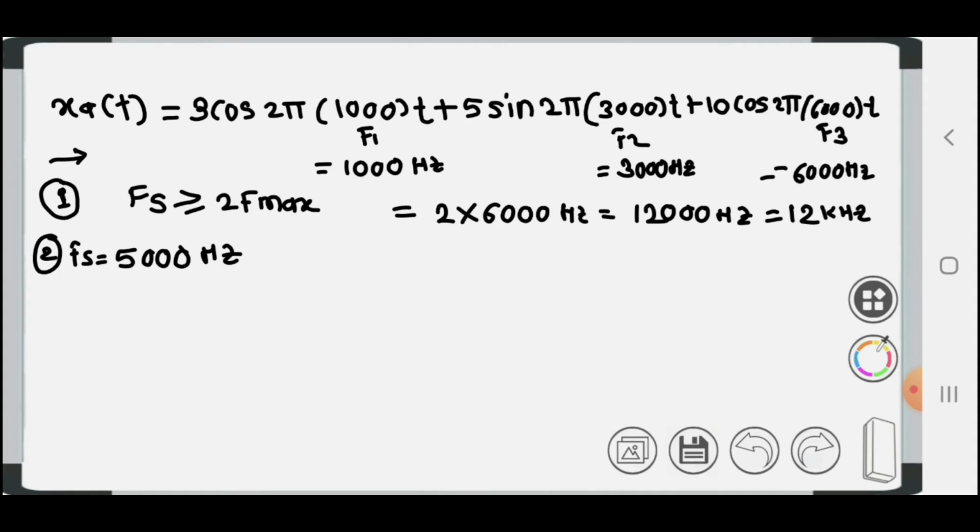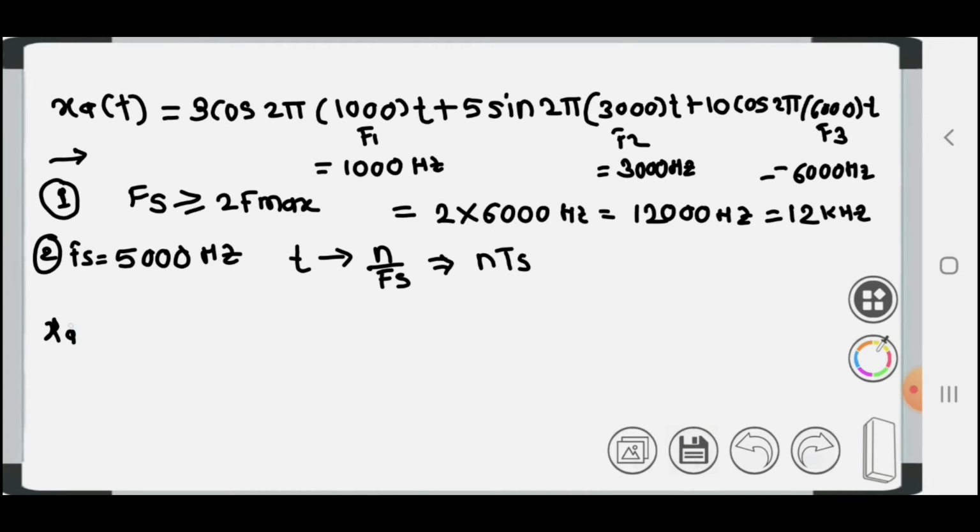So how to obtain the discrete time signal from the given analog signal? We have to replace this t with n upon fs, or we can say n Ts, where Ts is nothing but 1 upon fs. When you replace t is equal to n upon fs, this signal will get converted into your discrete time signal.